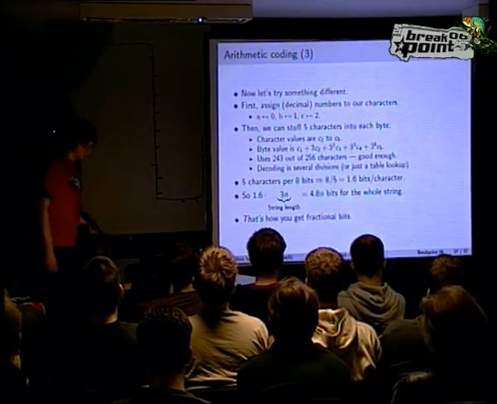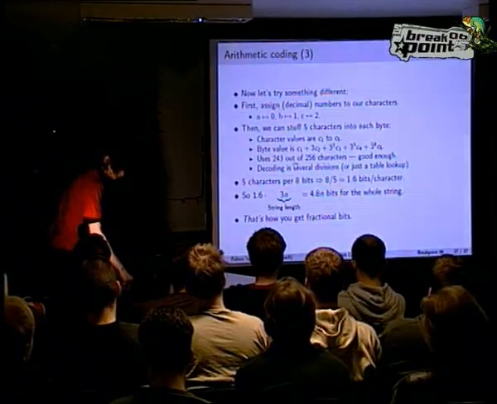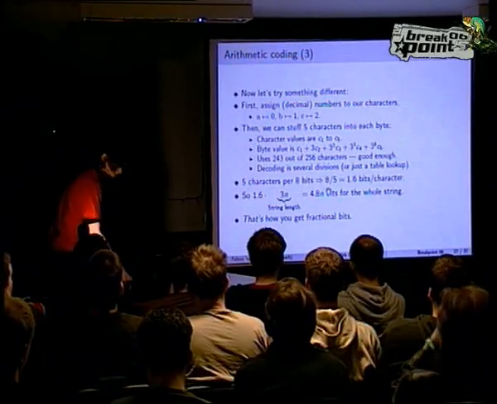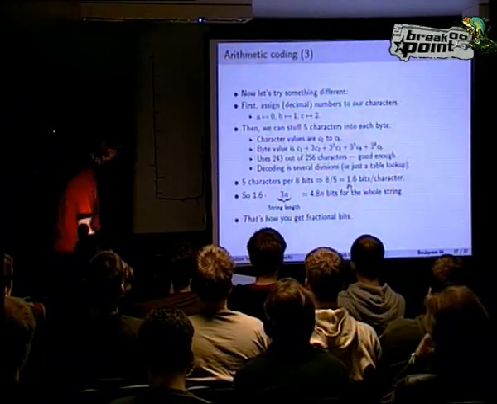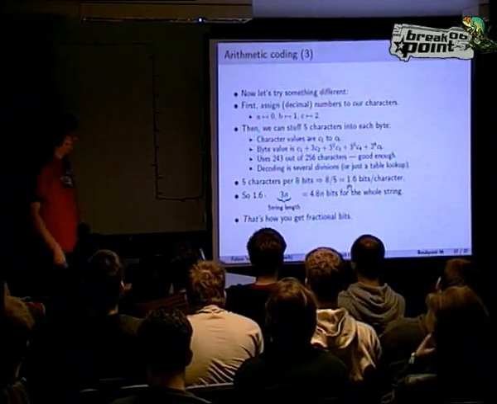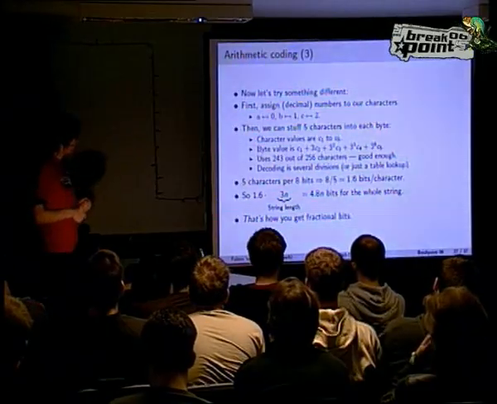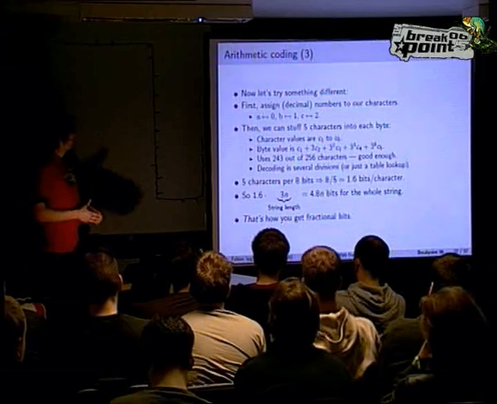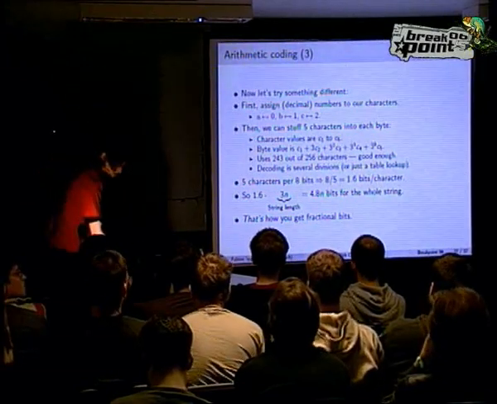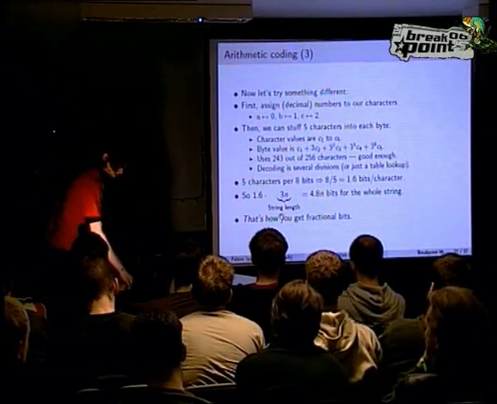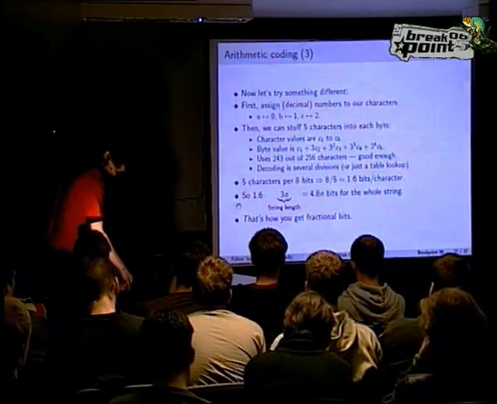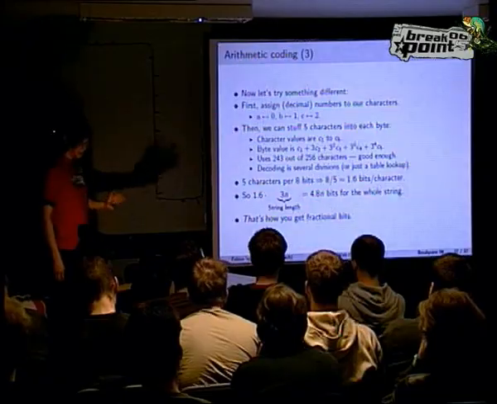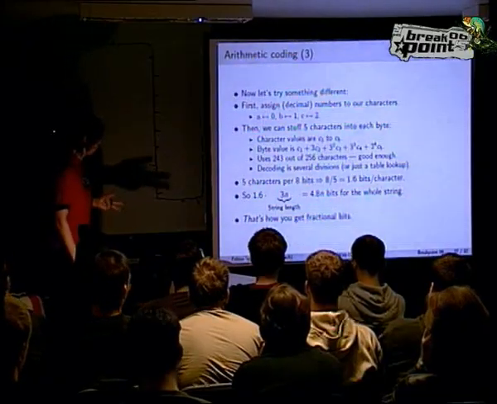So you can code 5 characters in 8 bits, so we have 8 bits per 5 characters, or 1.6 bits per character. And this is where the fractional bits start to appear. When you calculate that, you have your string of 3n characters length, and you have 1.6 bits per character, so we get 4.8n bits for the whole string.